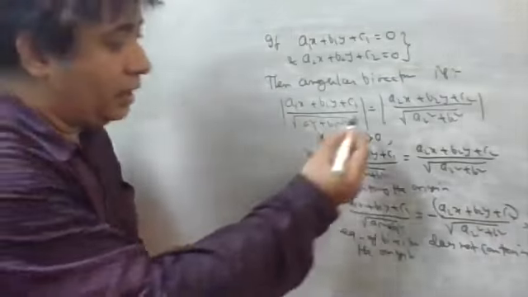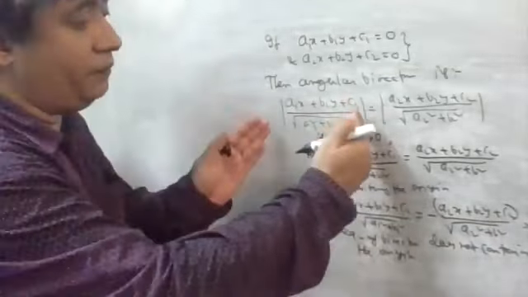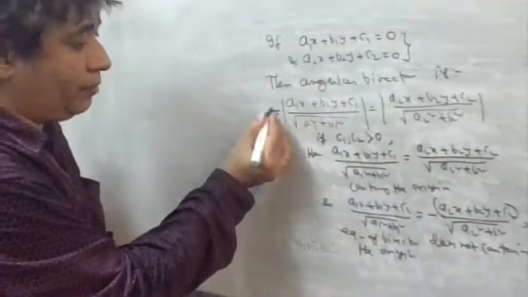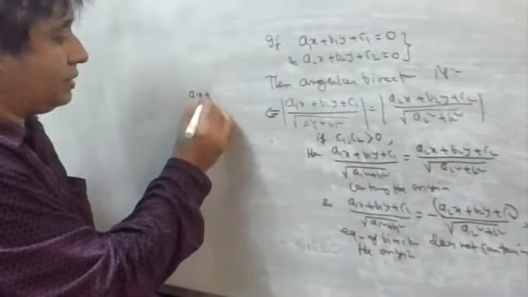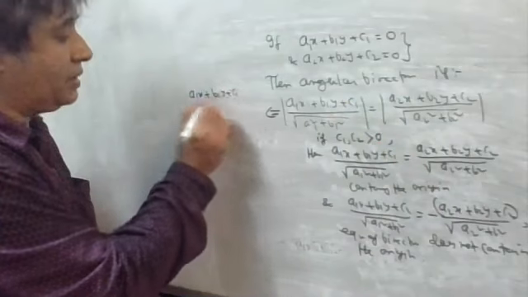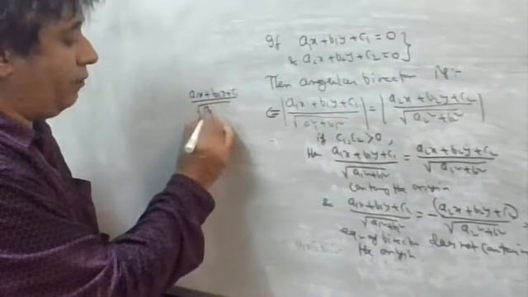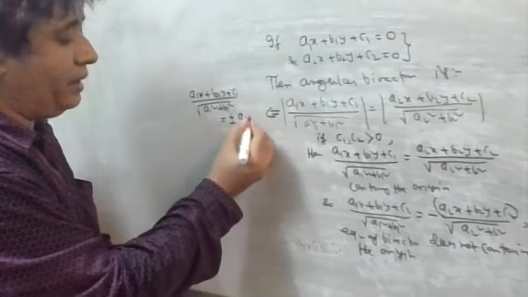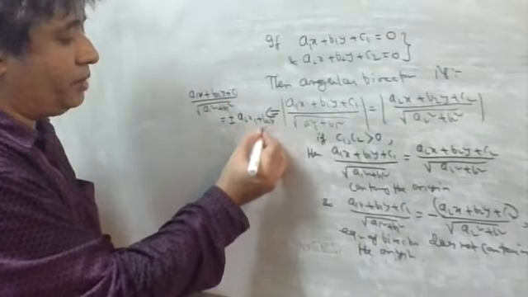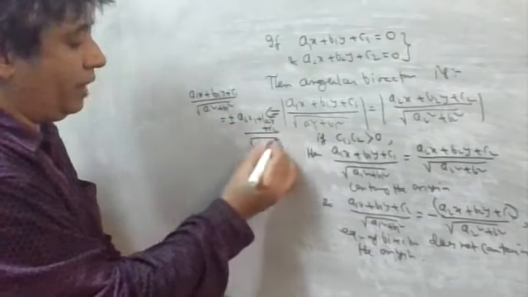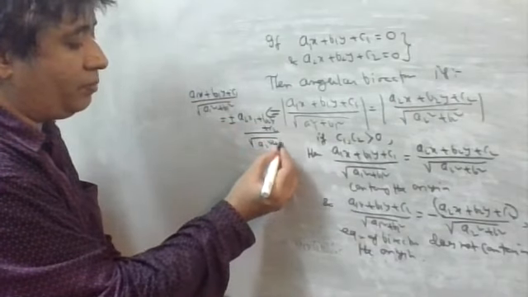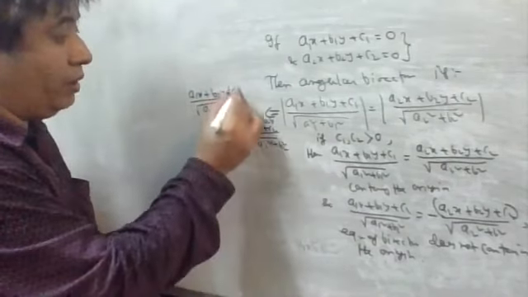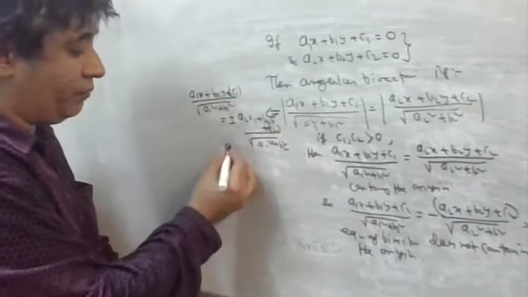And see, if you remove the mod, you get A1x + B1y + C1 by root over A1 square plus B1 square is equal to plus minus A2x + B2y + C2 by root over A2 square plus B2 square. Now you make C1 and C2 positive.